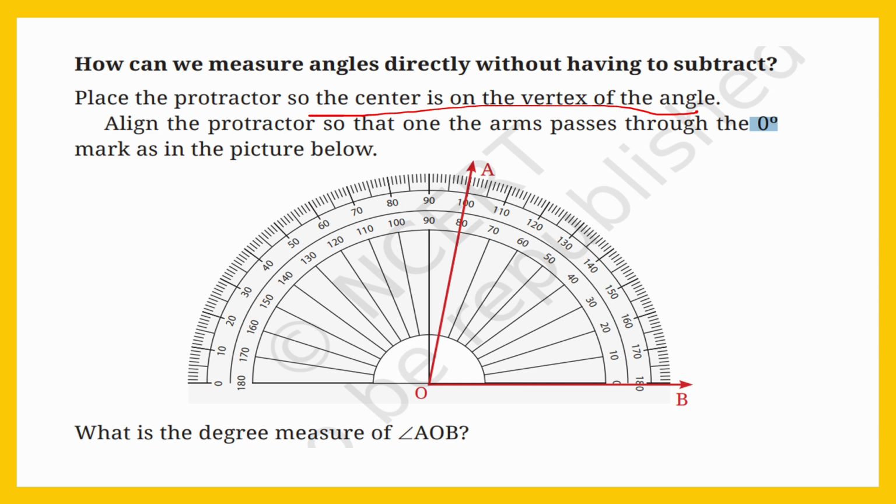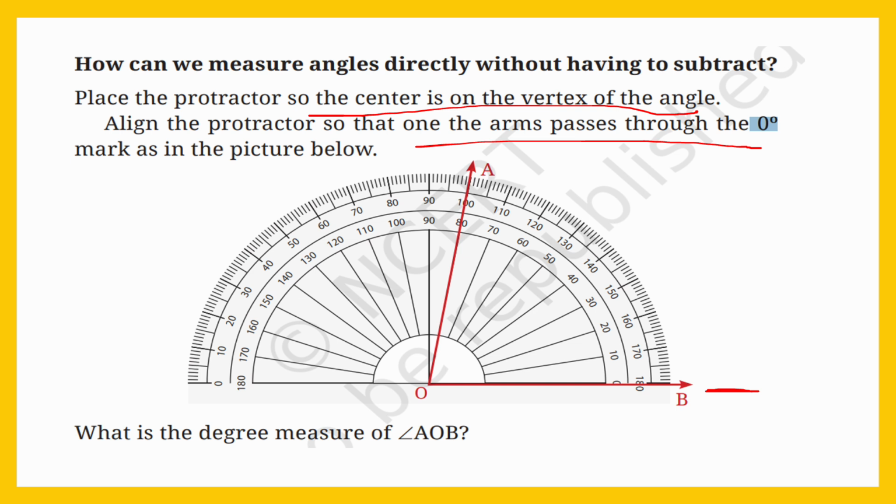Center must be on the vertex of the angle. Align the protractor so that one of the arms passes through the 0 degree mark, as in the picture below.